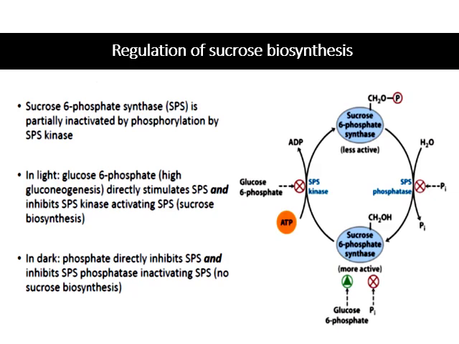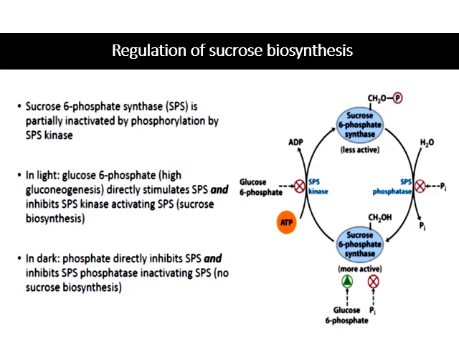It has been seen that the activity of the sucrose 6-phosphate synthase enzyme is greatly affected by the phosphorylation process. Phosphorylation means addition of a phosphate group to one of the amino acid residues of the enzyme. Enzyme is after all a protein, so it will have amino acid residues, and if these are phosphorylated, it leads to less activity of the enzyme, and if they are dephosphorylated, they will lead to more activity of the enzyme.